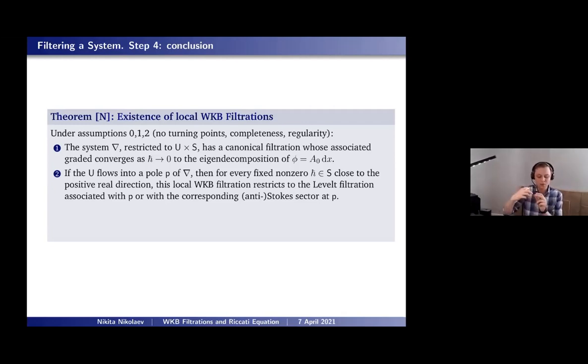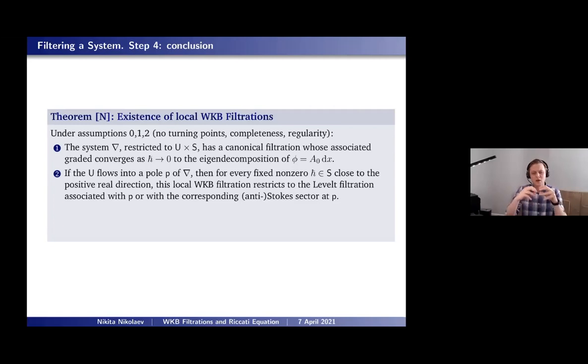The staying close to the positive real direction is kind of important because the Levelt filtration basically depends on, let's say if P is a simple pole, then it basically depends on the real parts of the eigenvalues of the residue.